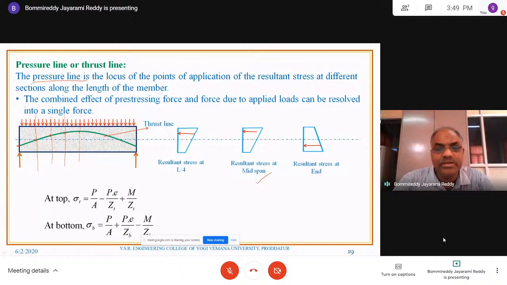So this is called the pressure line, or otherwise you can call it the thrust line. Sometimes finding the position of the thrust line is also not difficult. You can easily find out the position of it.